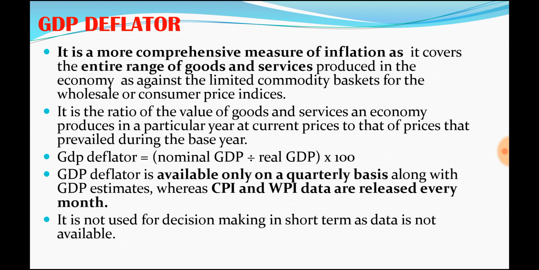In fact, it does not even include services. And we saw that in the consumer price index, they also take only a certain amount of goods and services, which is fewer than the wholesale goods, so they are excluding a lot of items. But the GDP deflator will include all the goods and services produced in an economy. That is why it is considered a more comprehensive measure.